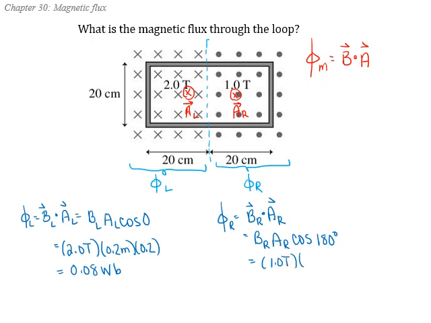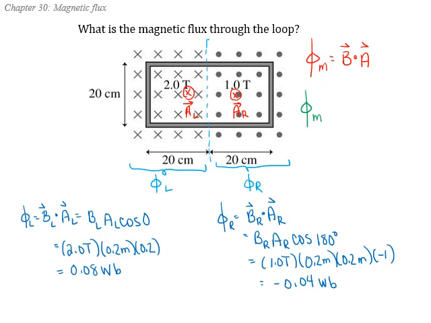We're multiplying that by the area, which is 0.2 meters times 0.2 meters. Cosine of 180 is -1. So 1 times 0.2 times 0.2 times -1 gives us minus 0.04 Webers, or Teslas times meters squared. Okay, that's the flux through each side of the loop.